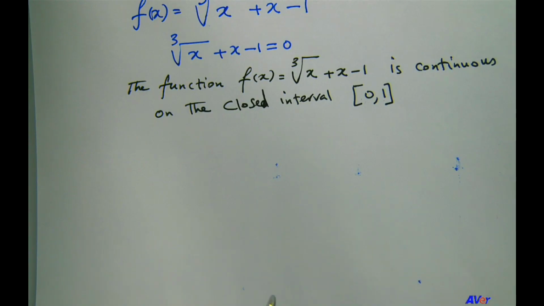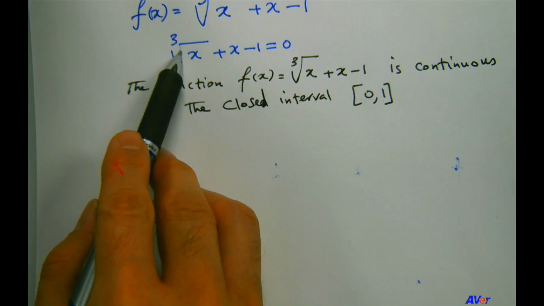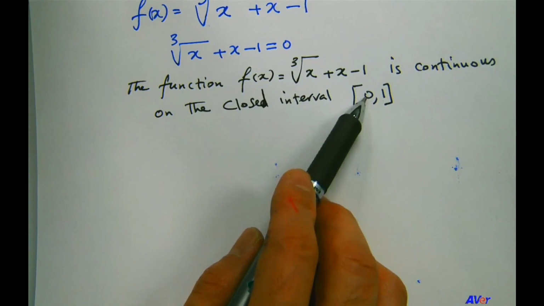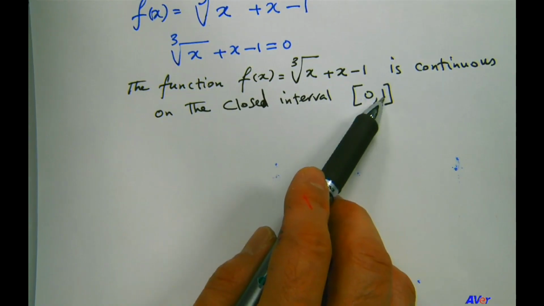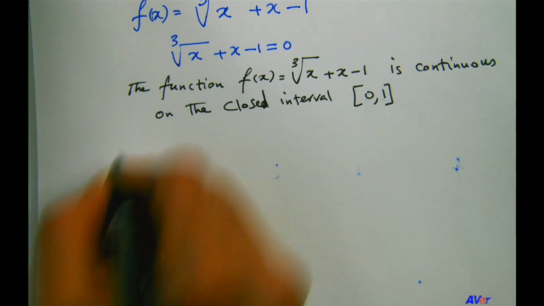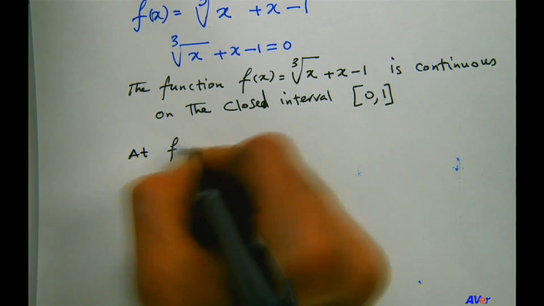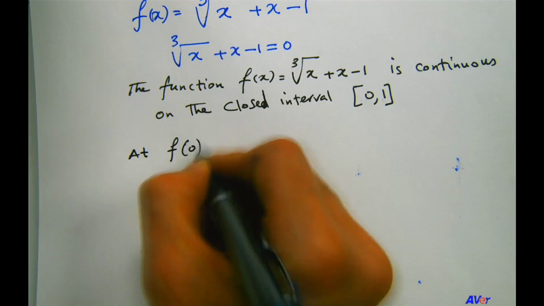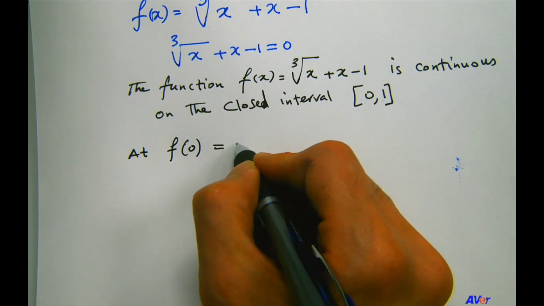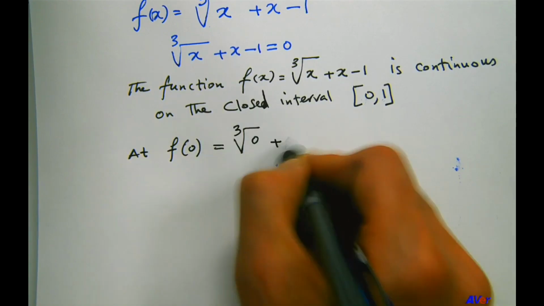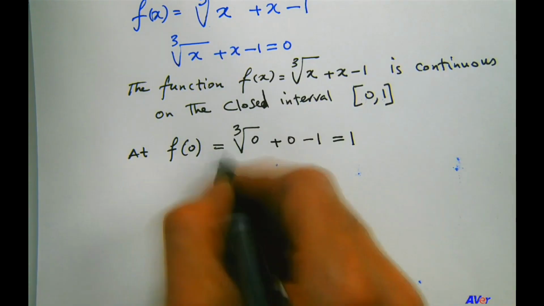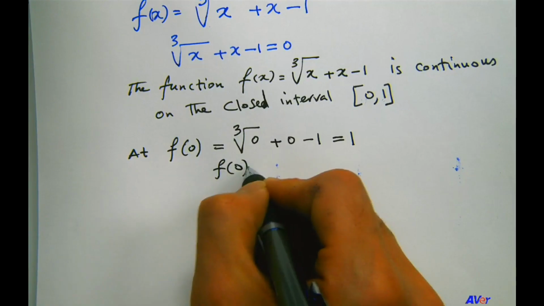So all we have to show now is that this function has a value at 0 such that the algebraic sign of that function value is different than the function value at x equals 1. Let's show that. So at this end, if you plug that in, what do we get? We get cube root of 0 plus 0 minus 1, which is equal to minus 1, right? So f of 0, the function value at 0, is equal to minus 1.